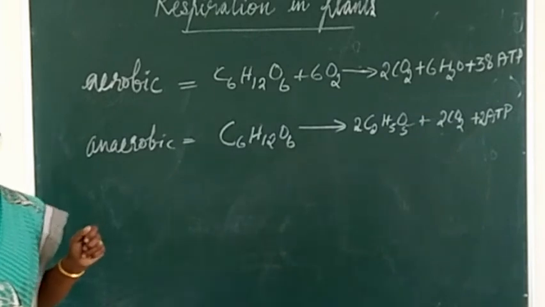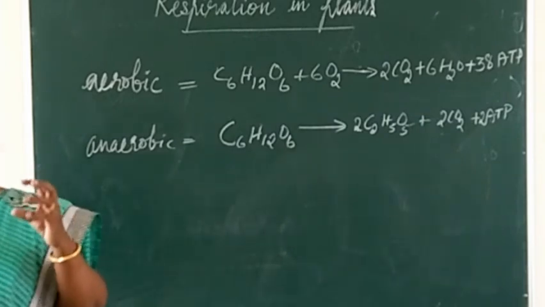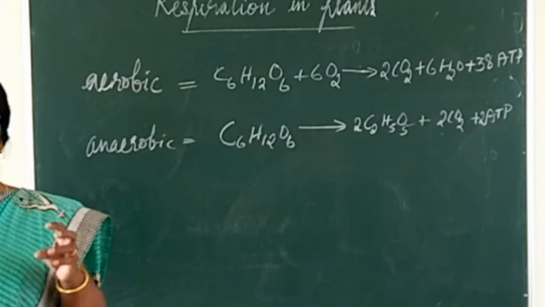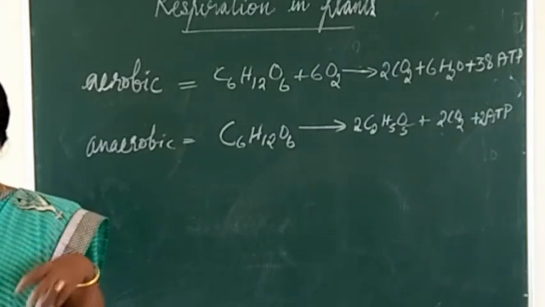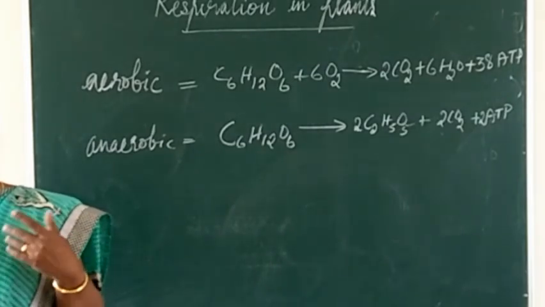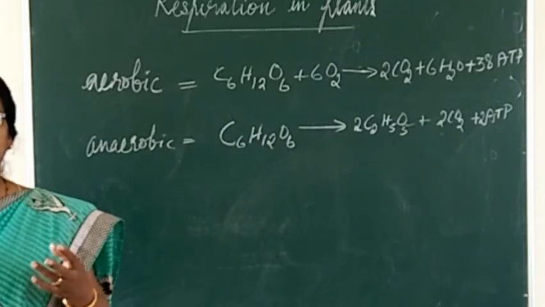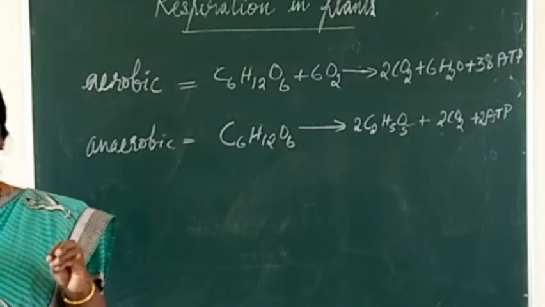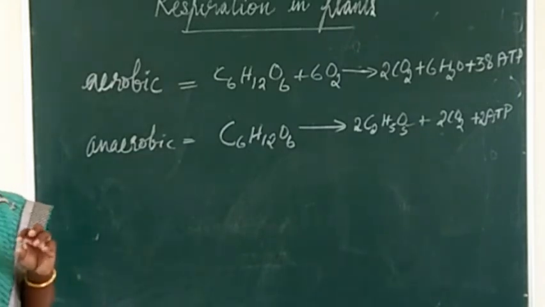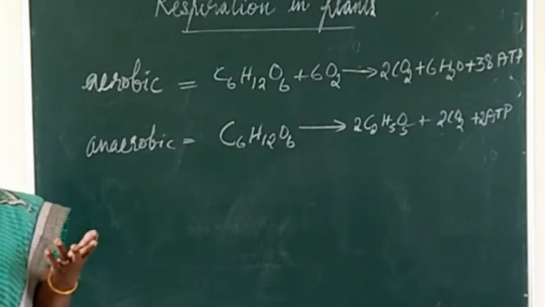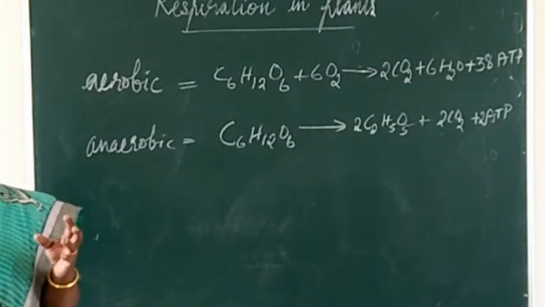So in plants, suppose in the seed or fruit or any part of the plant, if anaerobic respiration takes place, it may continue for a few days, but it cannot continue lifelong. Why can it not continue? Because oxygen is absent. What will happen? The plant cell will die.